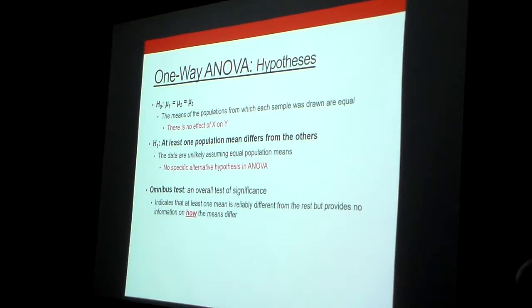We'll look at that omnibus test and say, hey, it looks like there's something going on. It's statistically reliable, but all we can conclude is that at least one of these means differs from another. Now, they all might be different from each other, but we don't know that based on the omnibus test. The omnibus test just says at least one of these things is not like the other, okay? Everybody good on this? Cool.